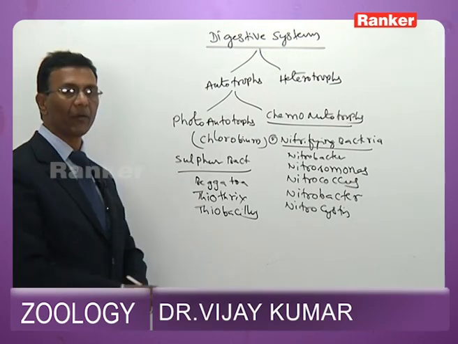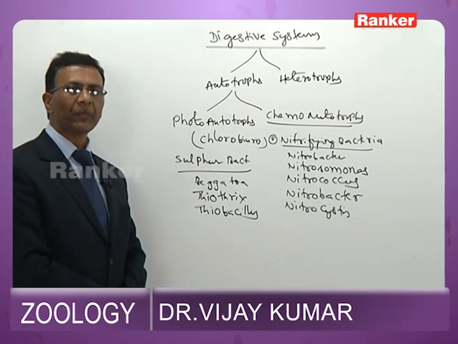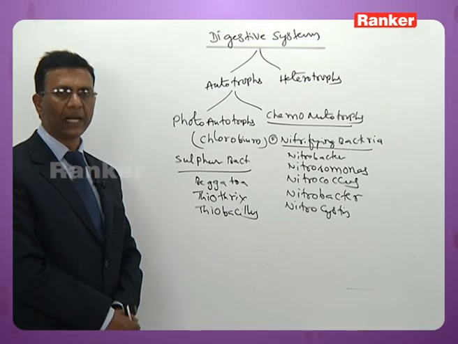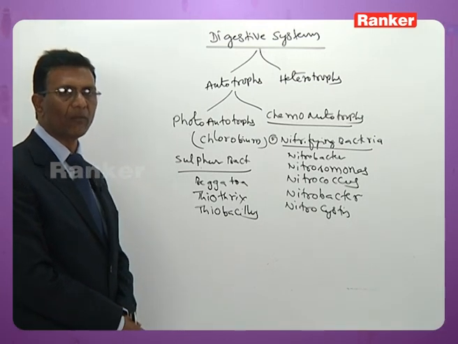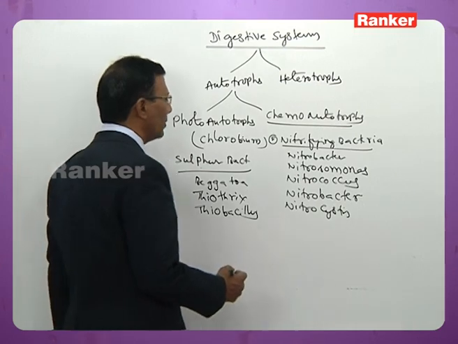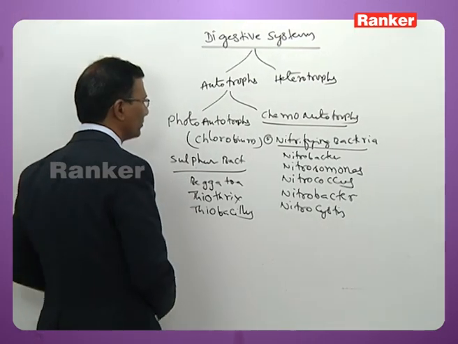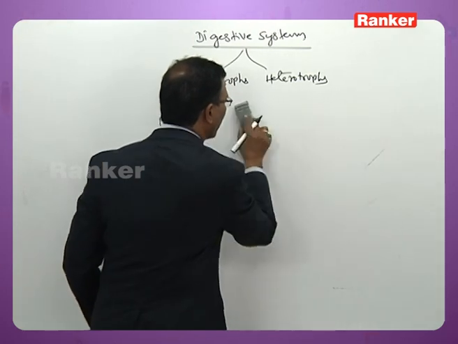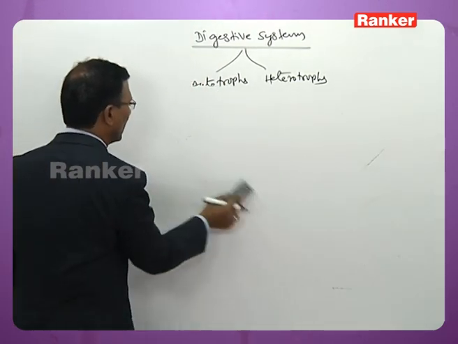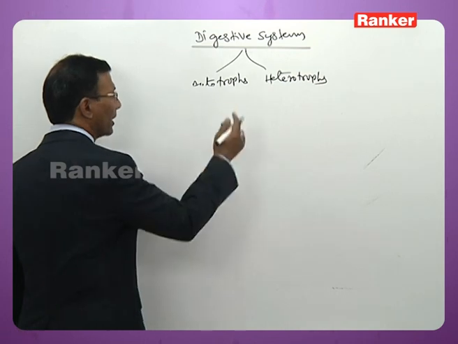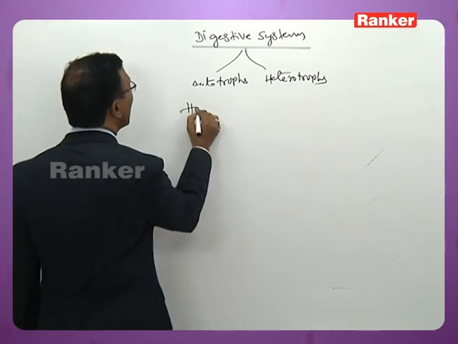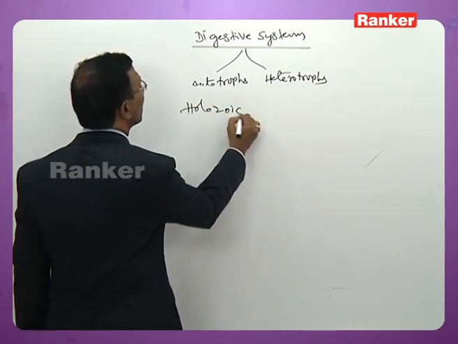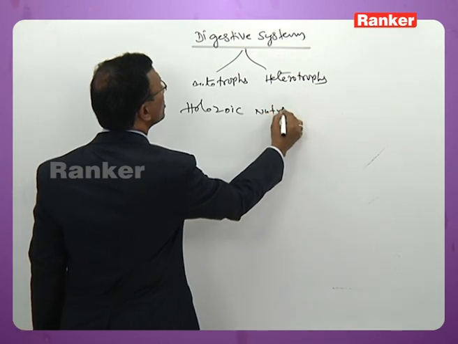The next is heterotrophic, which are dependent on other organisms either directly or indirectly for food. Under this, again you have different types. Under heterotrophs, you have different types like holozoic nutrition.